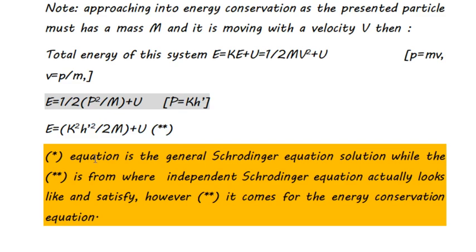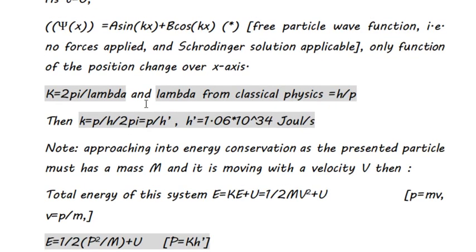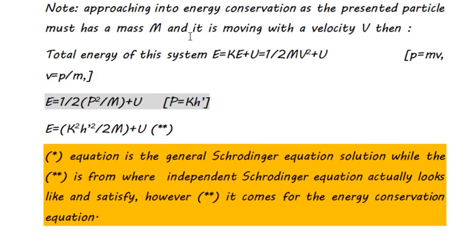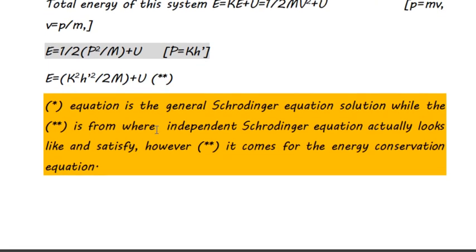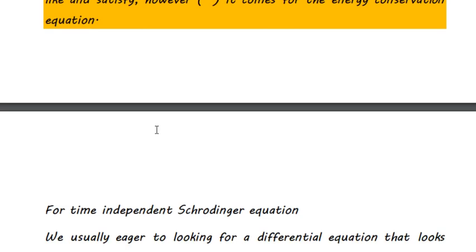So equation number 1 is actually the solution for the Schrodinger equation, while equation 2 is the form the Schrodinger equation must satisfy or look like, and it is generated from the conservation equation.